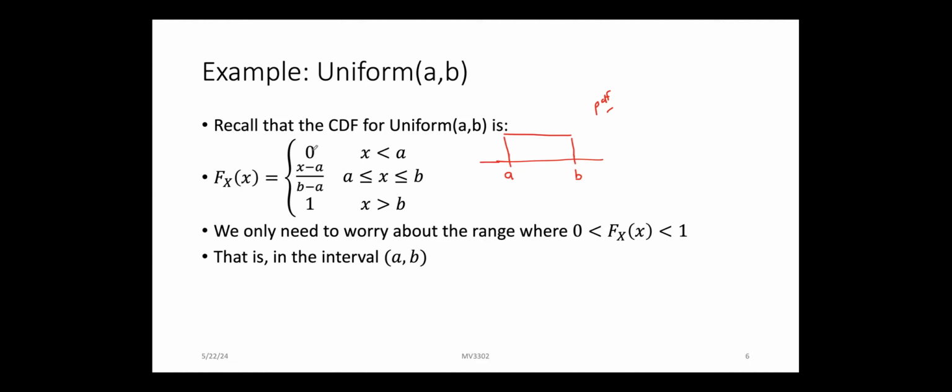So if we pick an X that's less than A, less than our minimum, what is the probability that our random variable is going to be less than or equal to this value of X? Is it clear it's going to be 0? Right. And if we pick an X up here that's bigger than all of it, isn't it clear that the probability that it's less than or equal to that is going to be 1? All right, so that was the easy one.